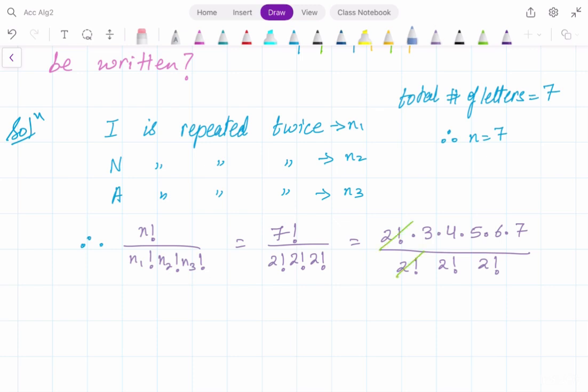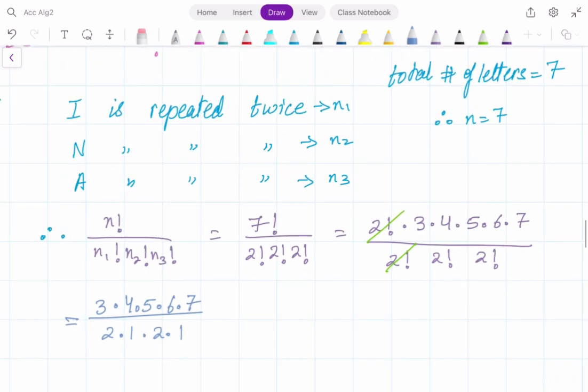Now, if you look at the numerator carefully, we have 4, and 4 is nothing but 2 times 2, and 2 factorial is nothing but 2. So in the denominator, we also have 4. So let's put it 2 times 1, and then one more time 2 times 1, and that will help us to eliminate 4 from the numerator.